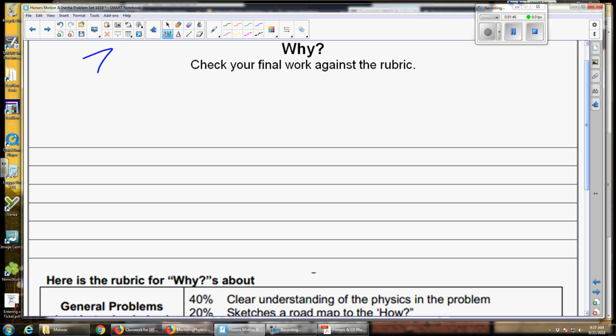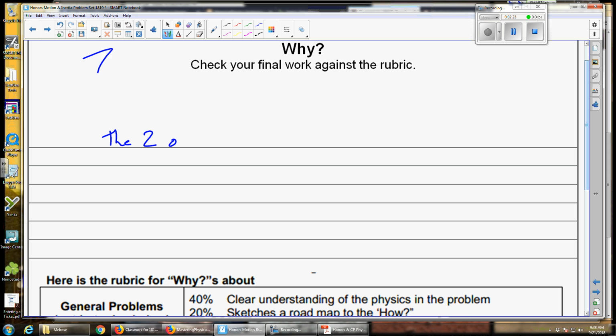Think about if you want to meet up with your friend tomorrow. What do you tell your friend? Where and what time? For two things to meet, they must be at the same place at the same time. If those two conditions aren't met, they're not going to meet, no matter how they're moving. So that's the fact I'm going to start with.